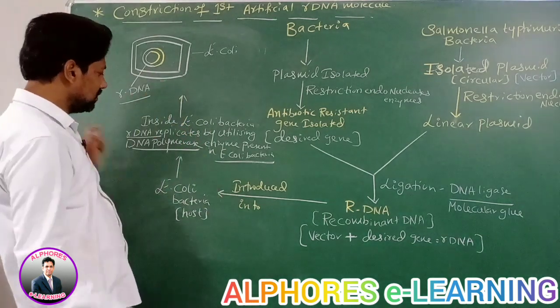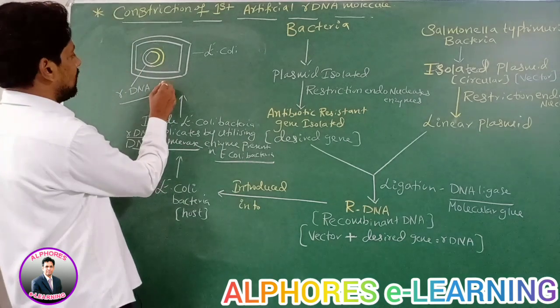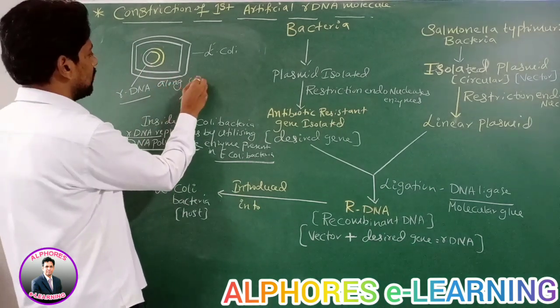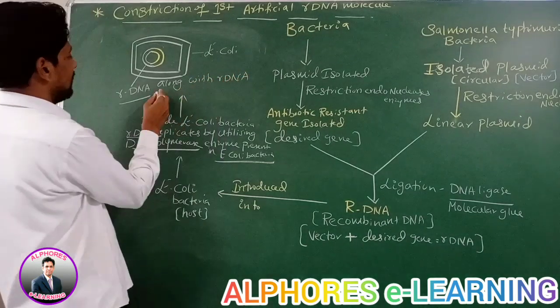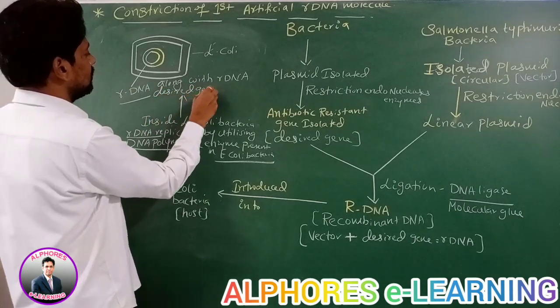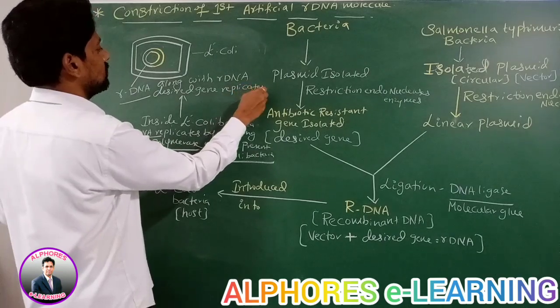Therefore, inside E. coli bacteria the rDNA has replicated, and along with rDNA the desired gene replicates.